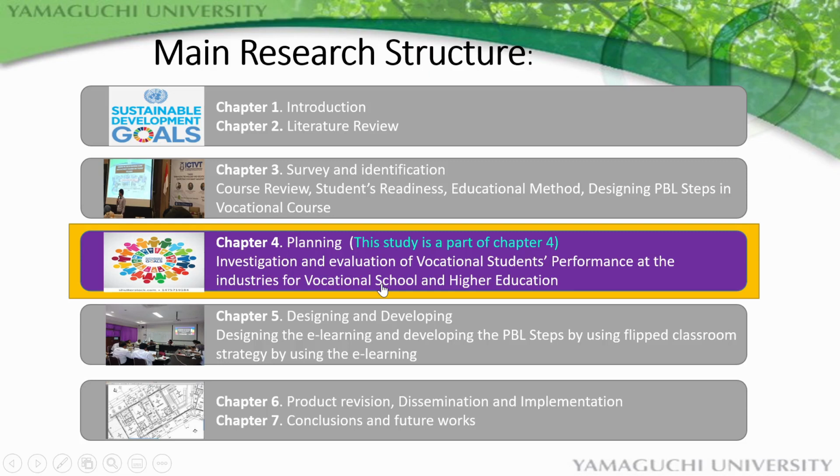This is about course review, student readiness, educational method, designing project-based learning step in vocational course, and Chapter 4. And then Chapter 5, Designing and Developing. This is about designing the e-learning and developing the project-based learning step by using flipped classroom. And then Chapter 6, Product Revision, Dissemination and Implementation, and Chapter 7, Conclusion and Future Work.